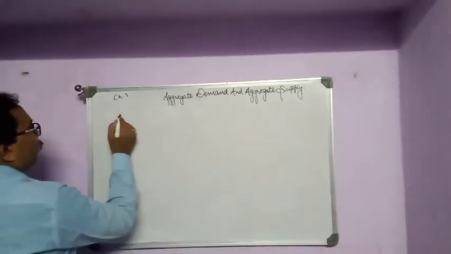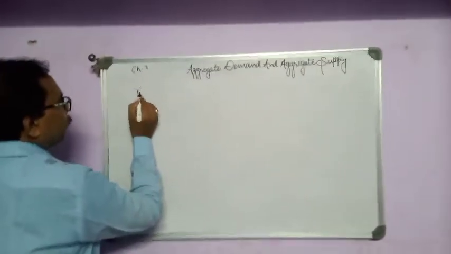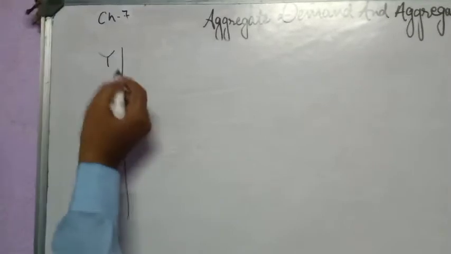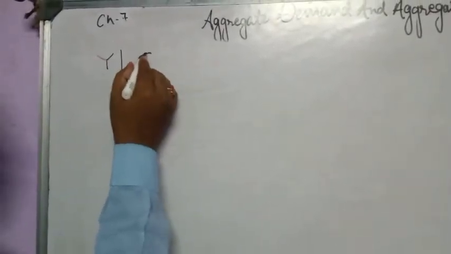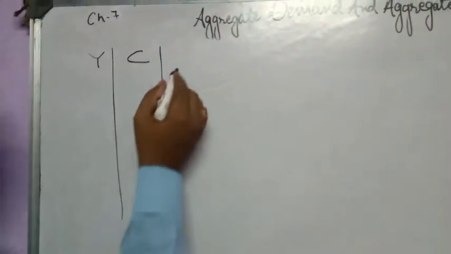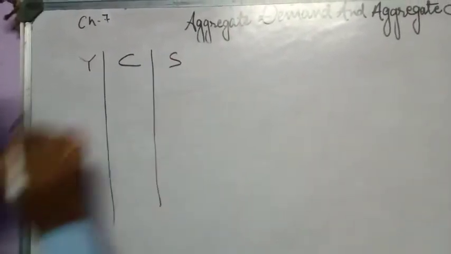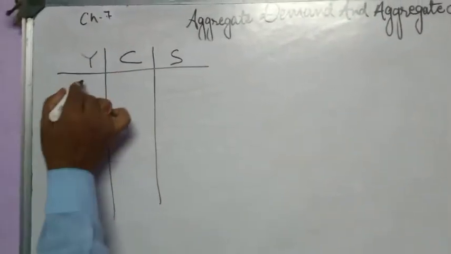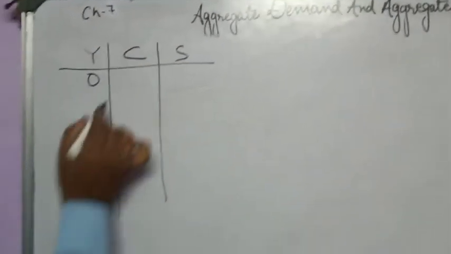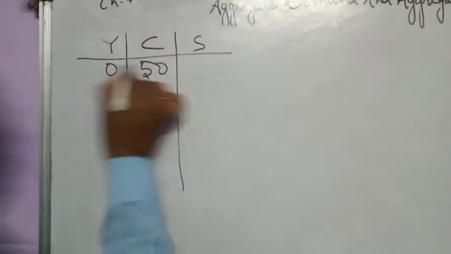Here look, that is Y and it is the national income. Whenever we generate income, we will either consume or save. Clear? So what you find here: when the income is equal to 0, consumption is equal to 50.